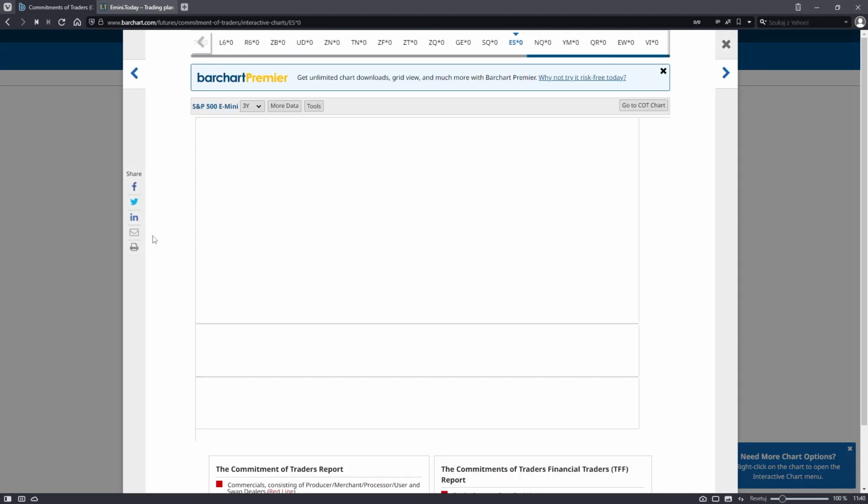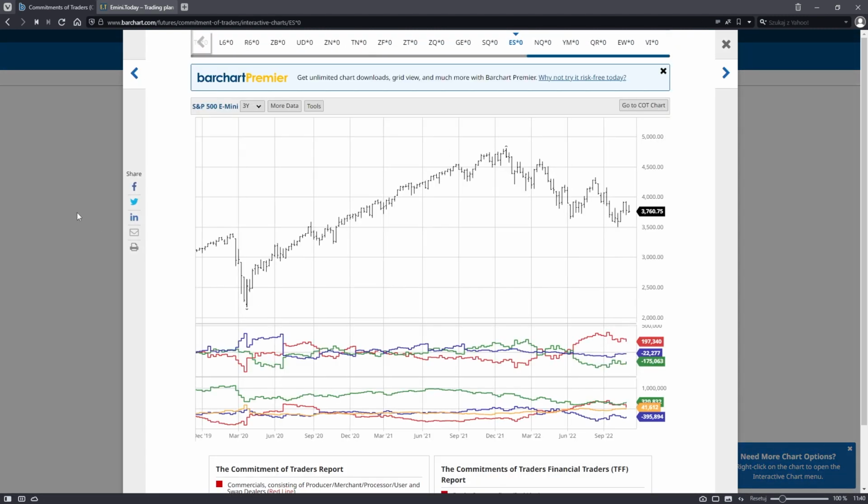So before I even got into analyzing options data and making models based on them, I was heavily using the thing which is called the Commitment of Traders reports from CFTC, and most of you probably are familiar with this. It's the report which comes out every Friday, and it shows the positioning on previous Tuesday.